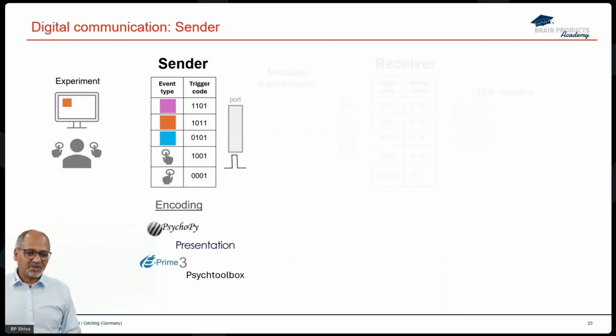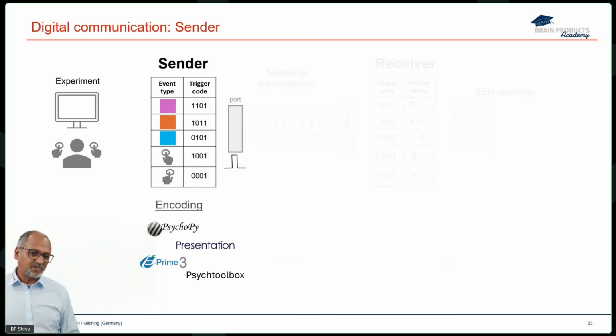The key step here is the encoding step, where, based on the event that occurs, there is a trigger code associated with it. So for example, when a blue square is displayed, the associated code is a binary string. Now this is converted into voltage pulses that are sent out from the computer's port.